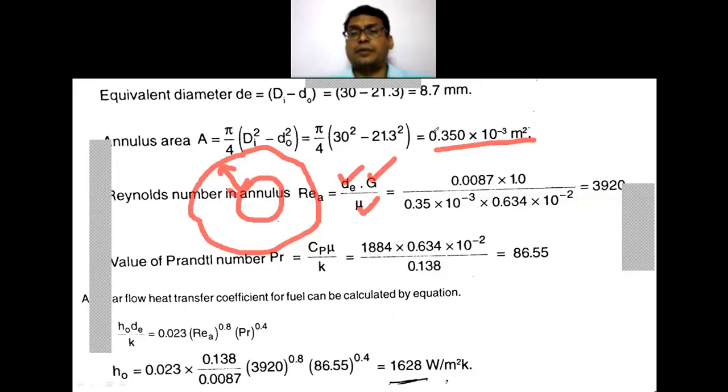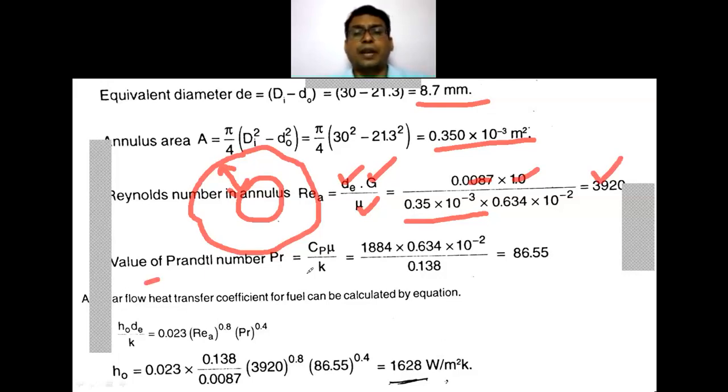So the equivalent diameter comes as 8.7 millimeter, 0.087, and the mass velocity is 1 kg per meter square second. The viscosity is 0.35 into 10 to the power minus 3, and the Reynolds number comes as 3920.